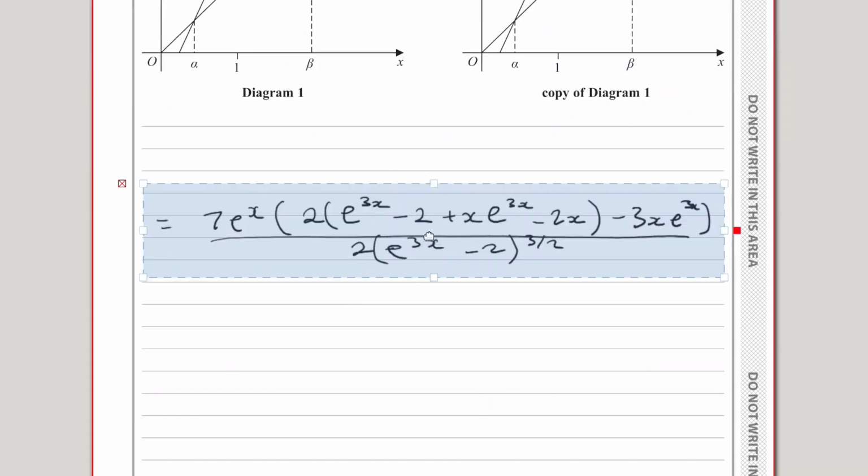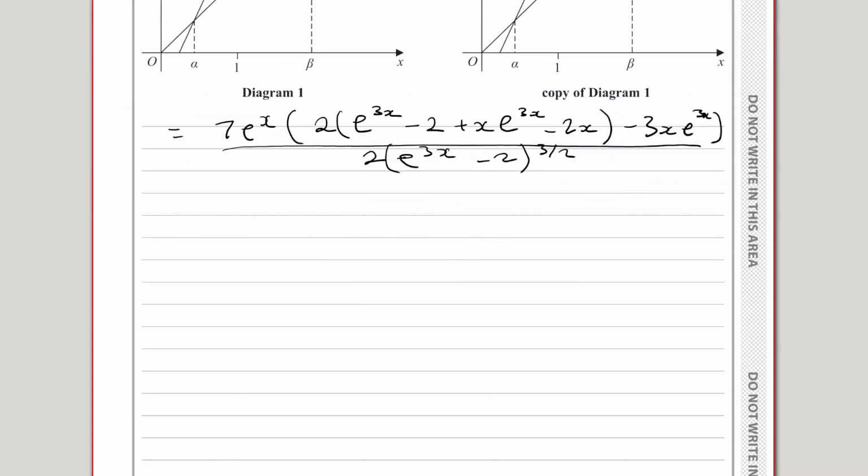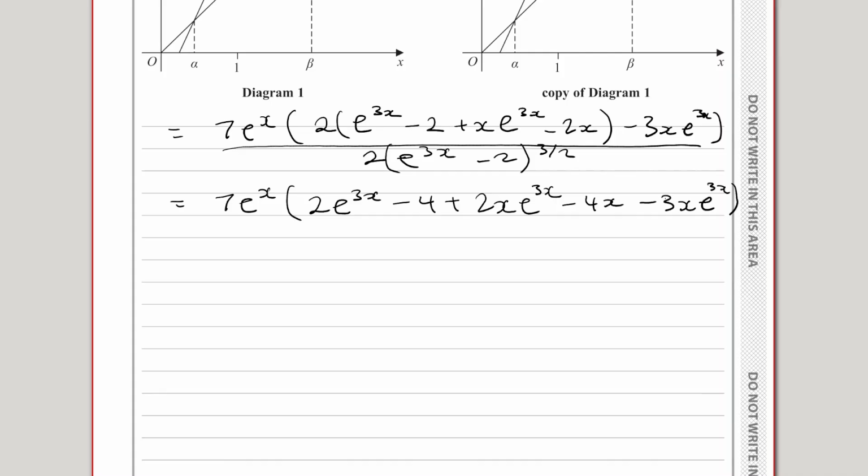Need more space. So simplifying again, we have 7e^x. I think I'm going to expand with the 2 now. So 2e^(3x) minus 4 plus 2x e^(3x) minus 4x minus 3x e^(3x). I've got 2x e^(3x) minus 3x e^(3x). So I can, again, denominator.